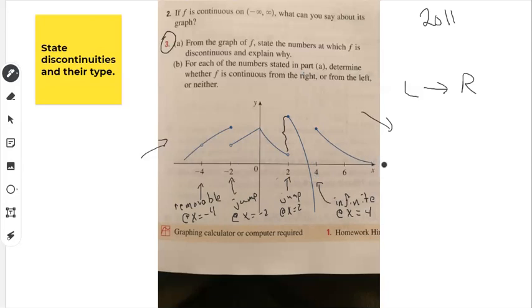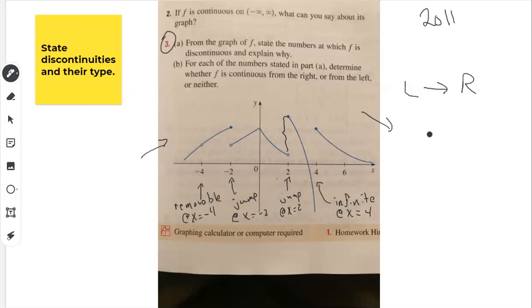And then the function keeps on going to the right like this. I don't want to say horizontal asymptote, but the function starts to display horizontal asymptotic action over here because it kind of curls up next to the x-axis, but never crosses it. But we don't really know what the function does beyond this point. We're just kind of guessing. But we do know that there are 4 discontinuities on this graph.